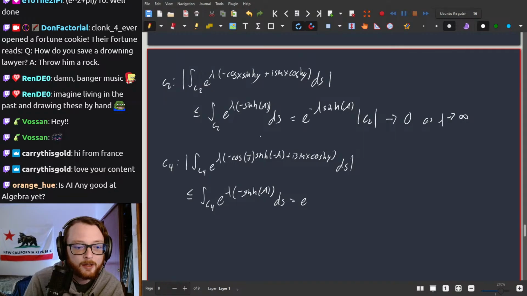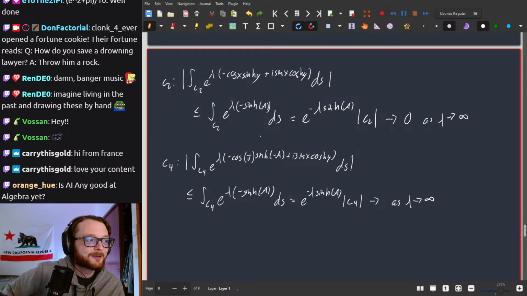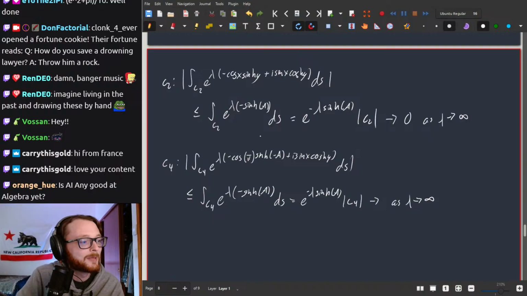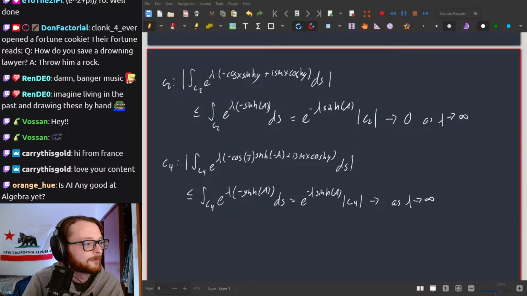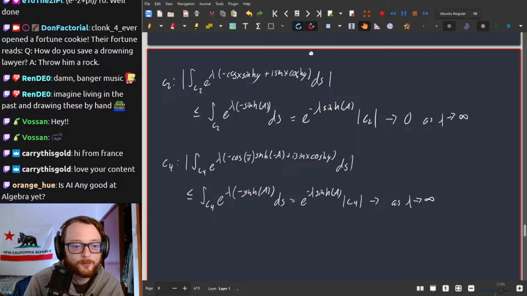Is AI any good at algebra yet? I mean, the issue is usually yes, but sometimes no. You can still get AI to make really basic mistakes, but usually it's not bad as far as I know.